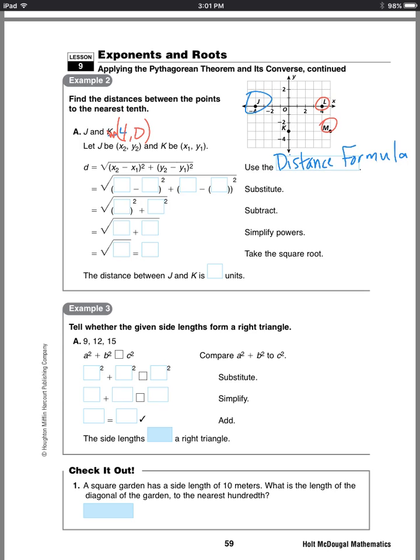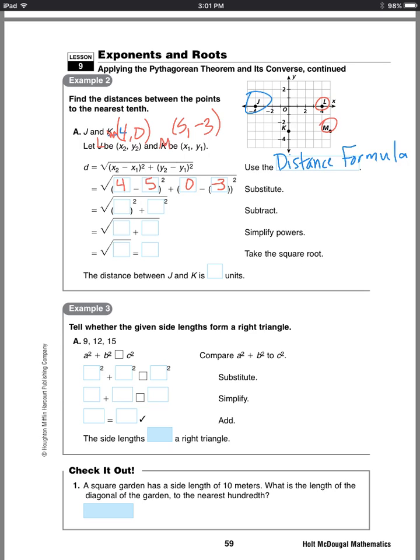So this was L. And that M was at 5, negative 3. Okay? So then 1 is just x2, y2, 1 is x1, y1. So then we take our formula, and in for x2, we put 4 minus x1, which was 5, plus y2, which was 0, minus y1, which was negative 3.